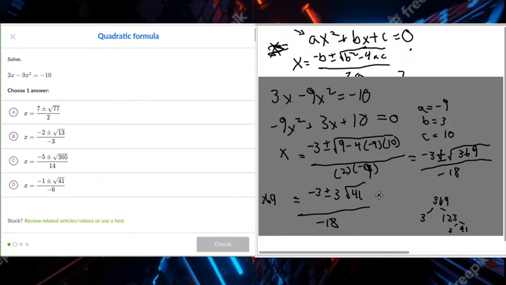And then we can simplify because we have a factor of 3 here. Divide by 3 over 3. And we'll get -1 plus or minus square root of 41, and -18 divided by 3 is -6. And then I can see that answer right here.